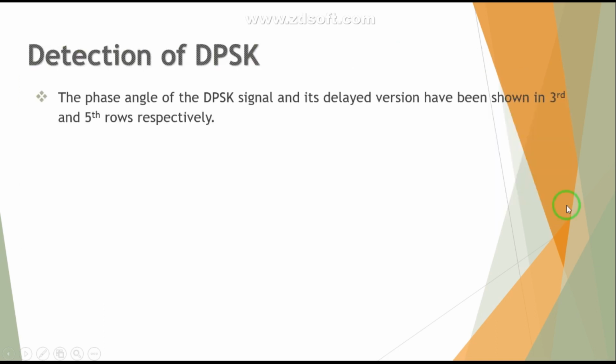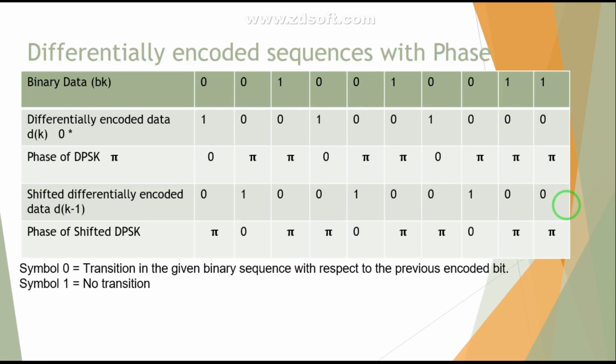Now moving next, the phase angles of the DPSK signal and its delayed version have been shown in the 3rd and 5th rows, and the difference between the 3rd and 5th rows is called the phase angle. Now you can see this is the phase of the shifted DPSK. This pi came over here, 0 came over here, this pi came over here, this is 0, pi, and so on. Just as the encoded data is shifted, similarly the phase of the DPSK signal is also shifted.